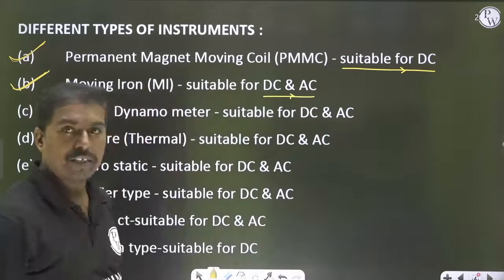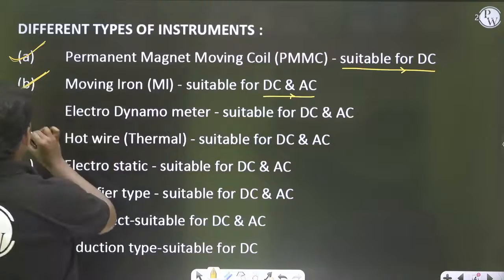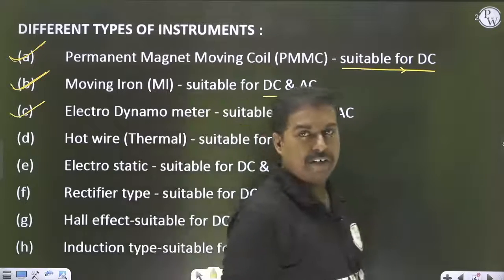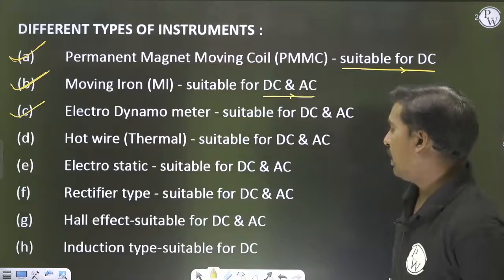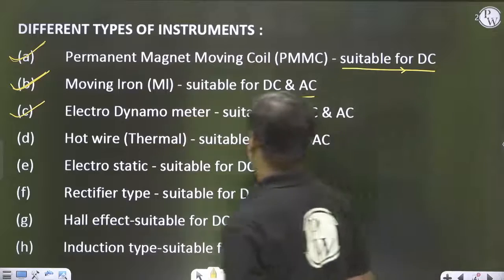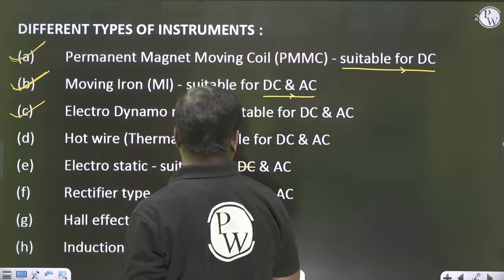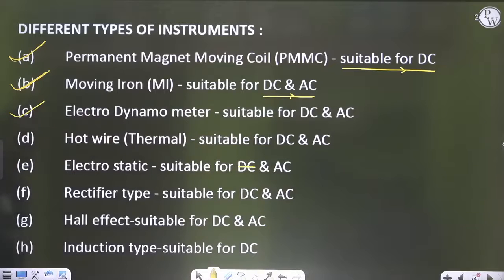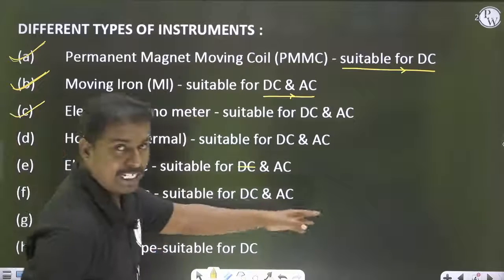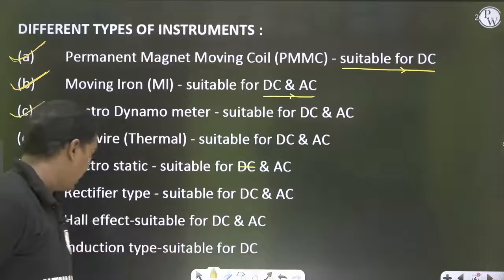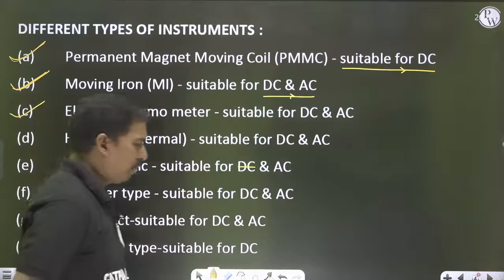Electrodynamometer is also suitable for DC and AC. Hot wire is suitable for DC and AC. Electrostatic is majorly suitable for AC, high voltage. Rectifier type instruments are suitable for both DC and AC. Hall effect suitable for both DC and AC. Induction type are suitable for AC.